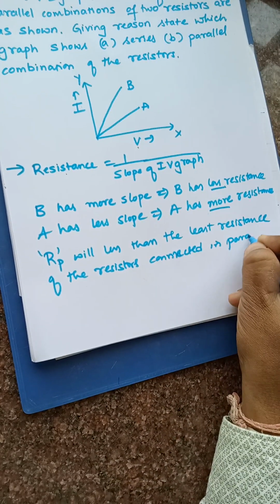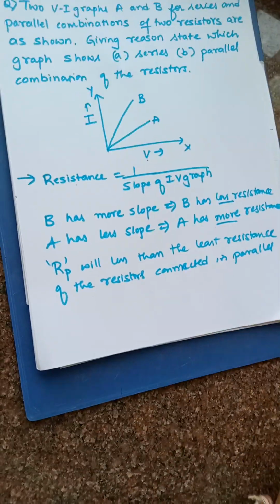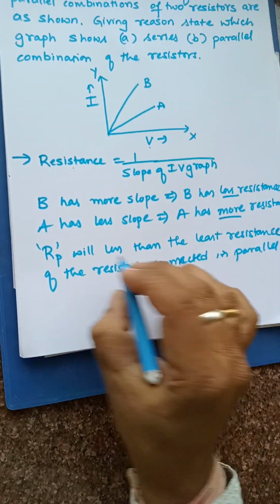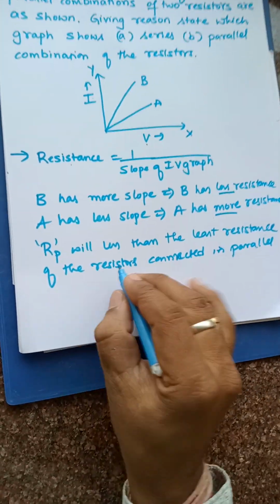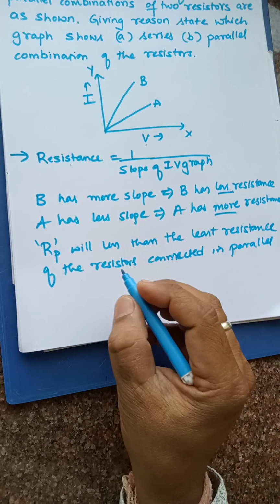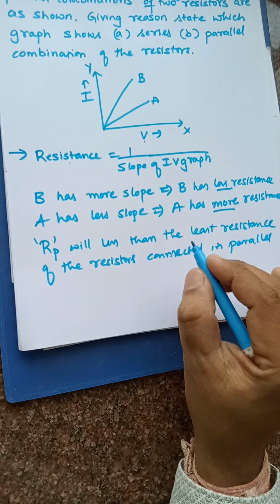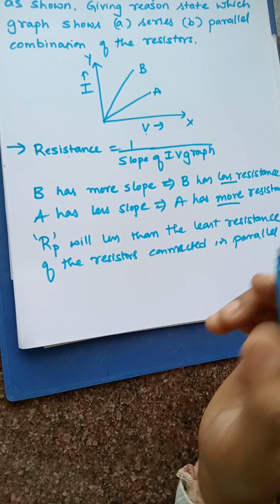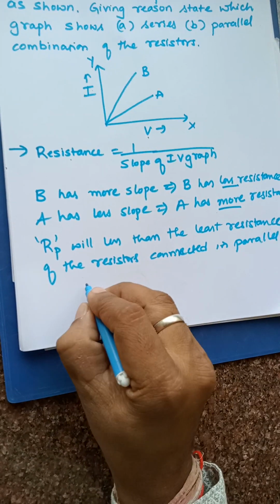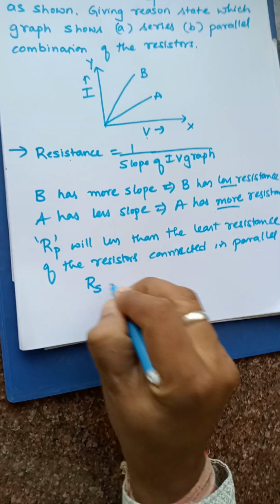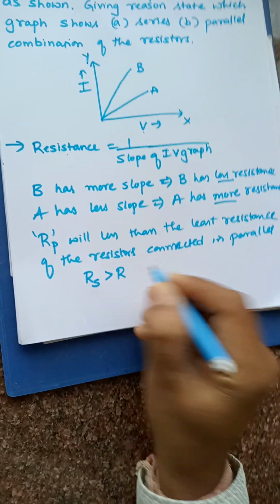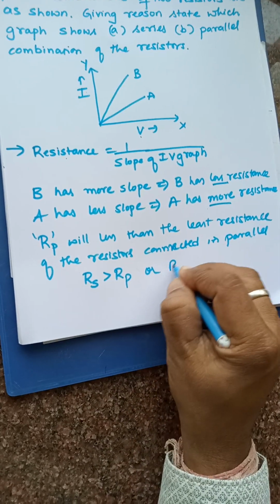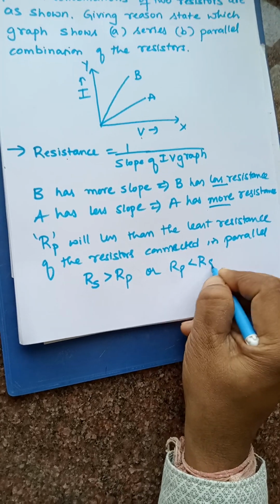So in simple terms, if you connect the resistors in parallel, resistance will be less. Similarly, if you connect the resistors in series, resistance will be more. So we can clearly say that Rs is greater than Rp, or Rp is less than Rs.